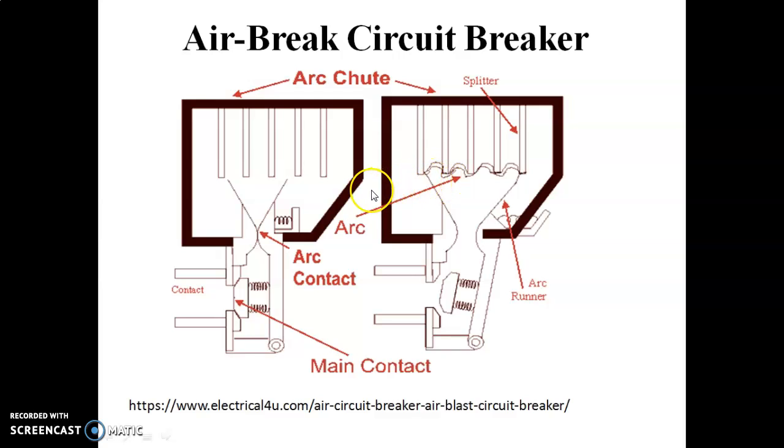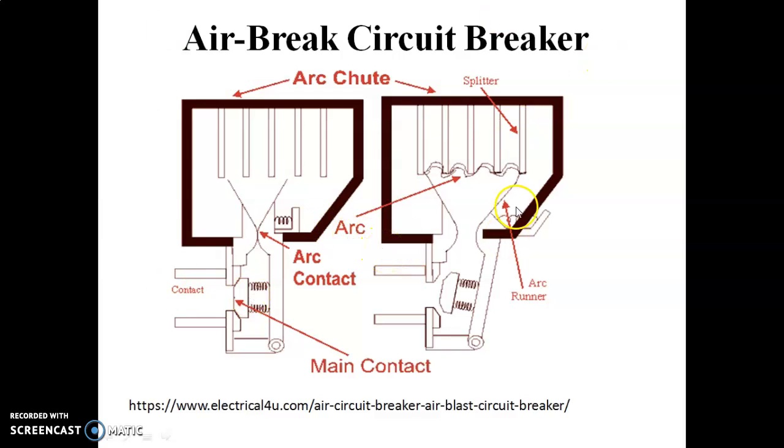They are widely used in low and medium voltage systems, extensively with electric furnaces and large motors with frequent starting. Air brake circuit breakers are also used in DC up to 12 kilovolts.